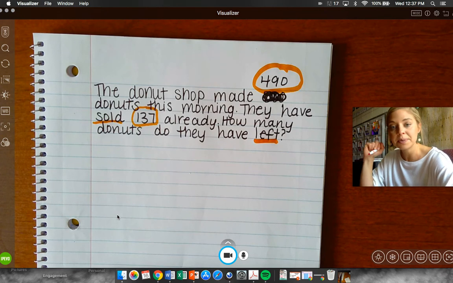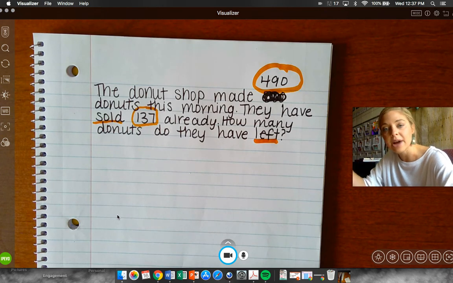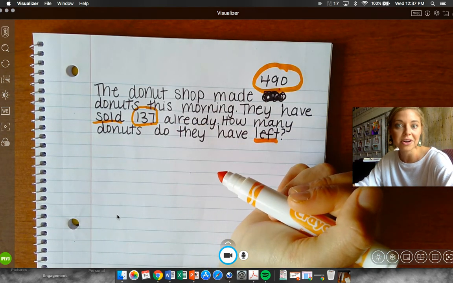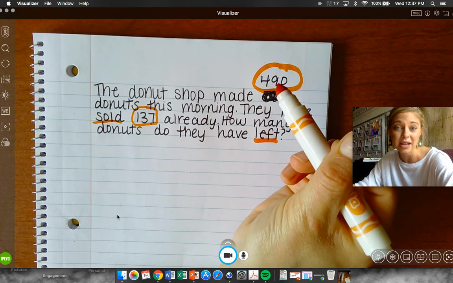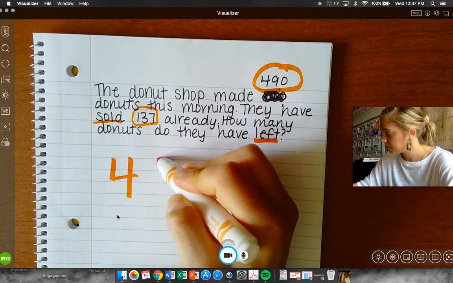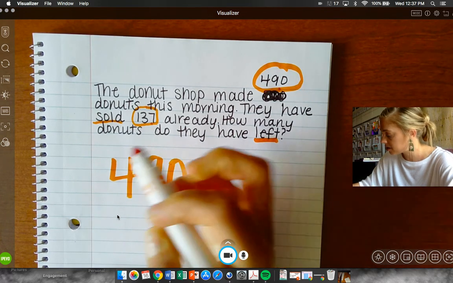Now, I have to put the bigger number on top when it is subtracting, okay? Or else I'm going to have a big bottom problem and I can't do anything, okay? The bigger number between 490 and 137 is definitely 490, okay? So I'm going to put that number on top, minus 137.